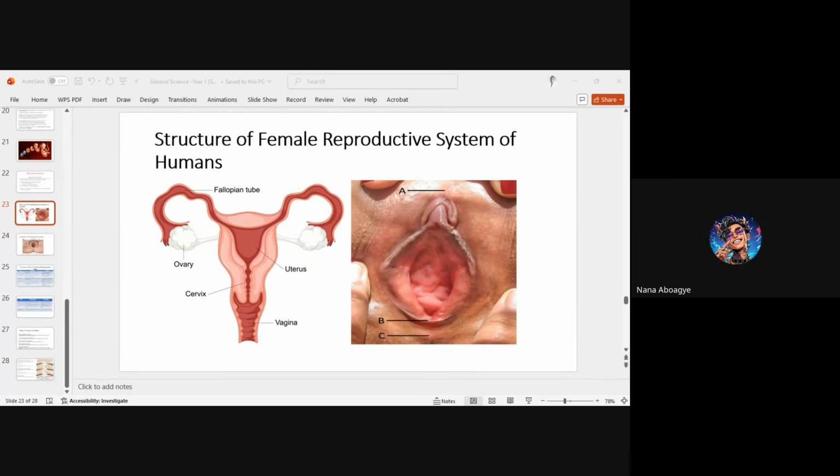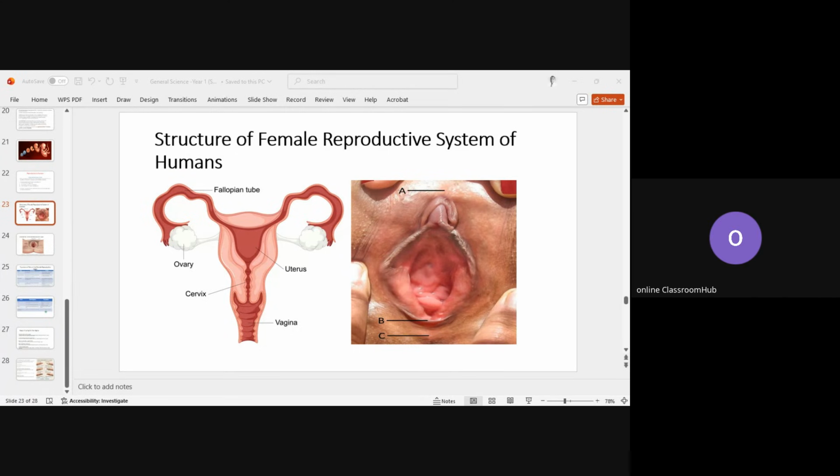We don't have a specific measurement. It's one woman different from the other. So some will have larger ones, others have smaller ones. It depends.